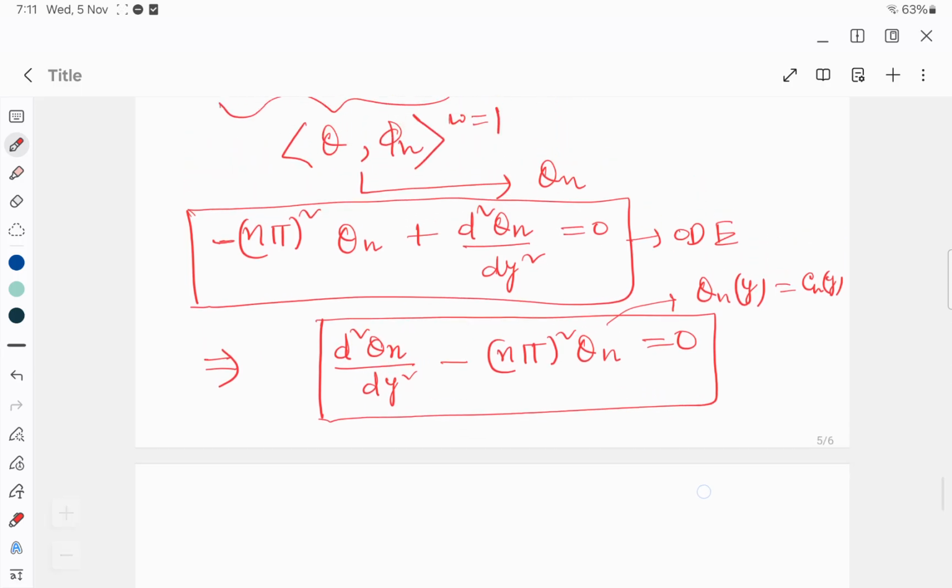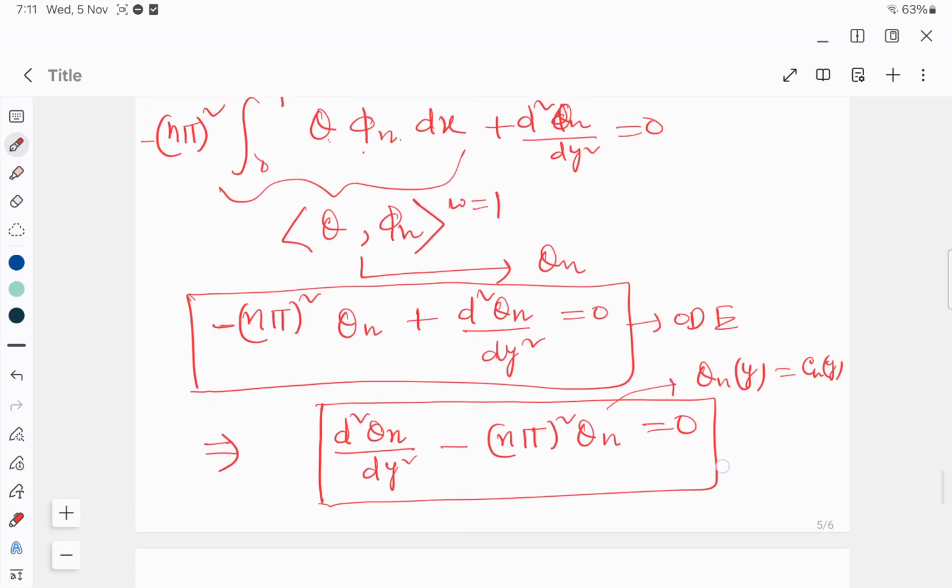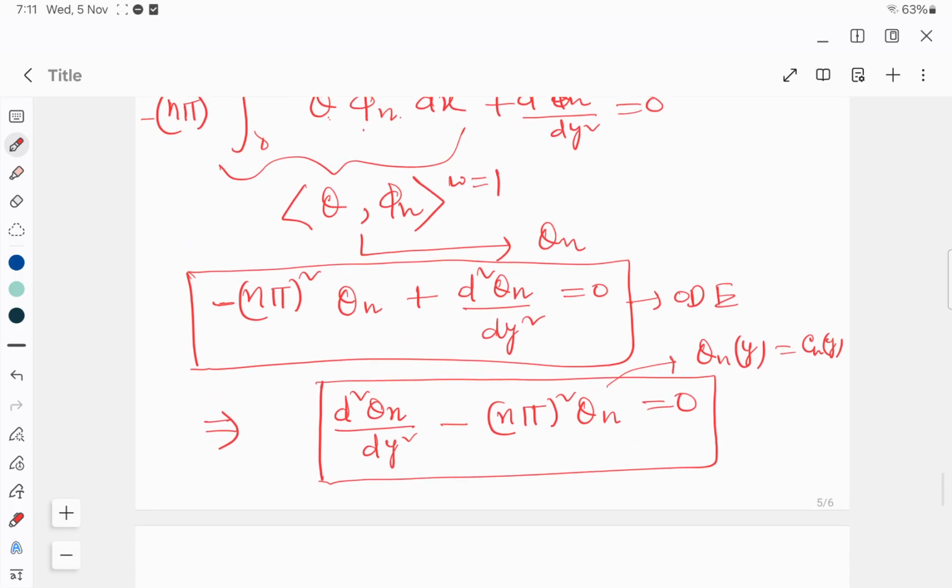So I will stop here. In this lecture I told you how to take the finite Fourier transform of a variable. Once we take the finite Fourier transform of a variable, it reduces the function to one less independent variable, and correspondingly we take the finite Fourier transform of the PDE, and that converts it into an ordinary differential equation that can be solved further.